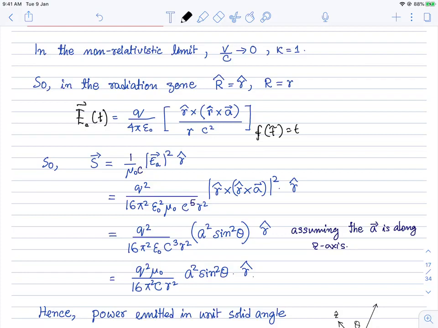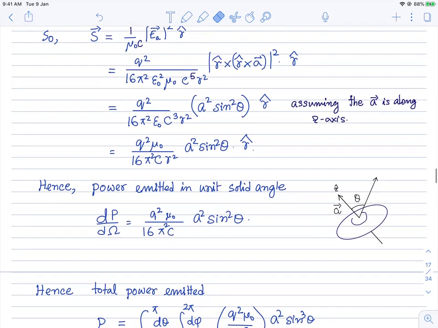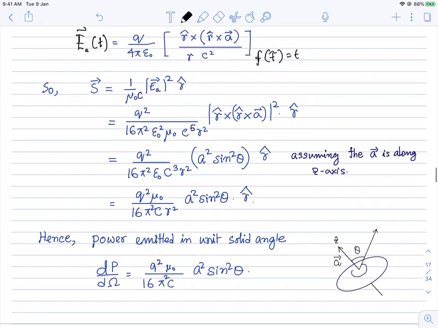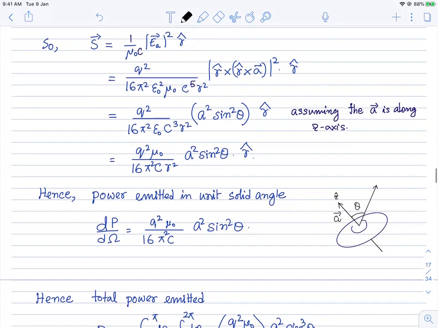You perform this calculation and plug it in here, and from there you get the e of t, and if you substitute e of t here, this will give you the power at time t. So this is the power that is detected. This is the power detected far away.